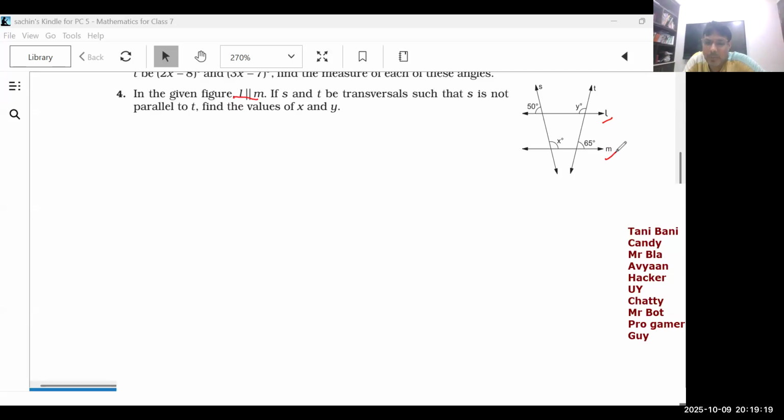Candy, beta, don't pull your hair, beta. Please. No, Chatty, sorry. Don't pull your hair. UI and Mikey, will you guys be fasting tomorrow? No, no, sir. Mikey, are you fasting?